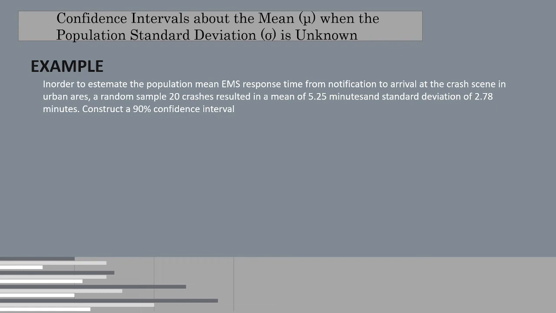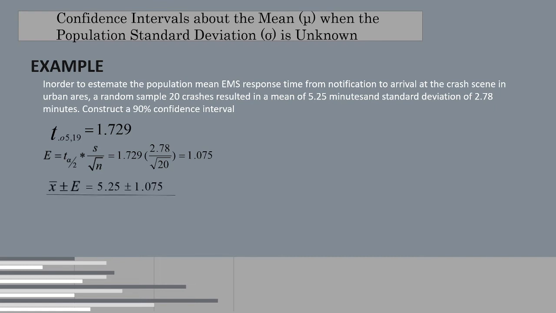Construct a 95% confidence interval. Now, our critical value is 1.729. Our final formula is E equals the critical value times s over square root of n. As we go on, we conclude that E is equal to 1.075.